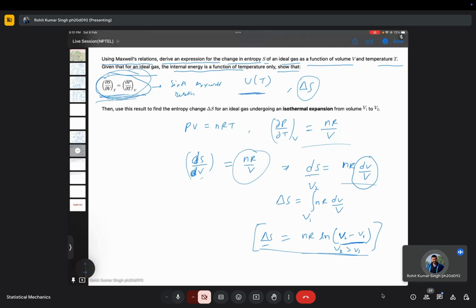And the logarithm of a negative doesn't make any sense. So V2 is always greater than V1. So the gas will always expand, which will lead to a change in entropy, and the entropy will increase.